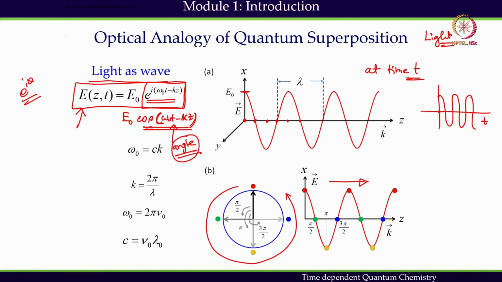For example, here we are starting from this point, and when we reach here, we make a linear advancement, but the angular advancement made is pi by 2. From here to here, in this linear scale, we make another angular advancement, which is pi, and when we come from this point to this point, we make a 3 by 2 pi angular advancement.